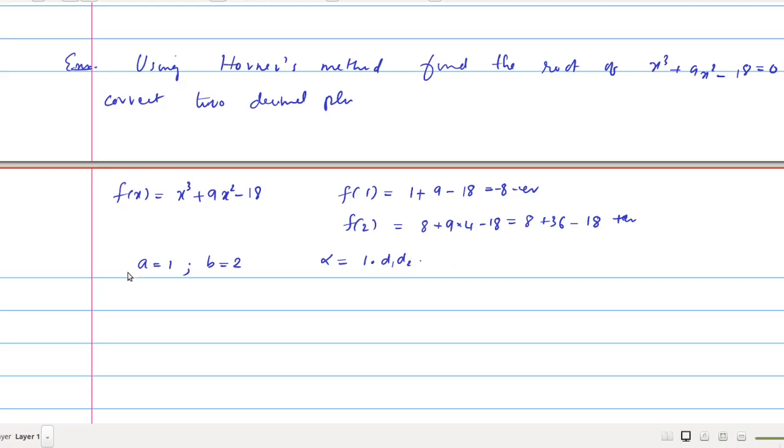Now we have to transform this equation to f1 of x equal to 0 such that f1 of x equal to 0 has root alpha minus 1.